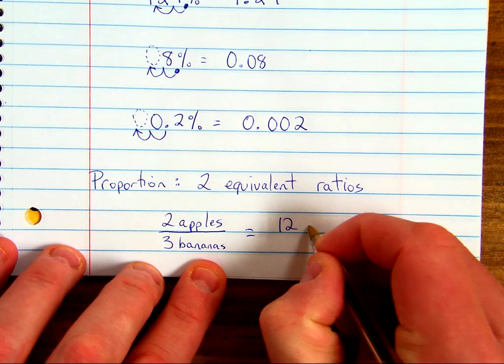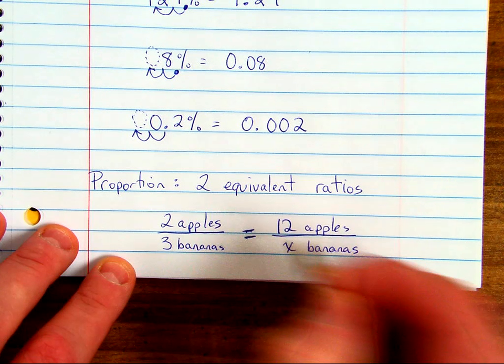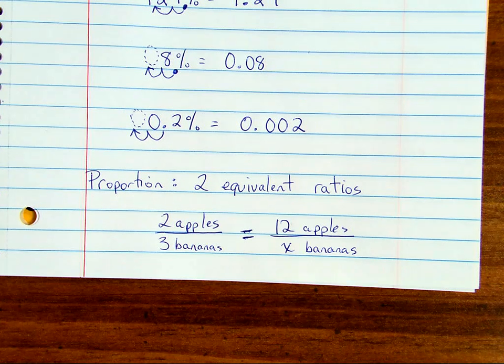Ian? Don't know. Jalen? 4. Definitely not 4. Nick? 18. You multiplied 2 by 6 to get 12. 2 times 6 is 12. 3 times 6 is 18 bananas.